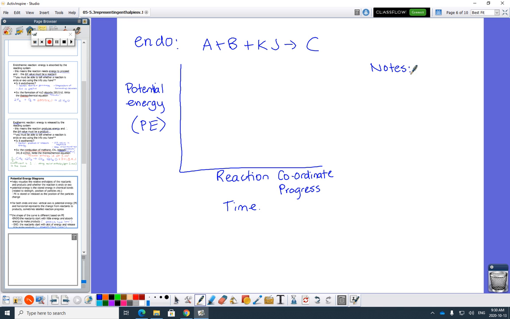Okay, so I'm just going to write a few little reminder notes, okay? So again, the reactants have to absorb energy, so they start with very little. How small? It doesn't really matter.